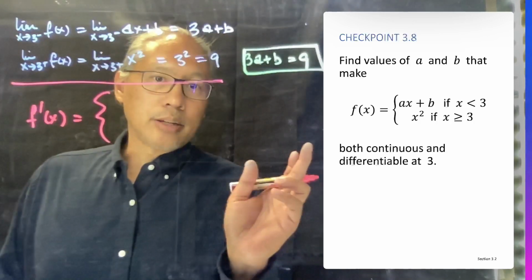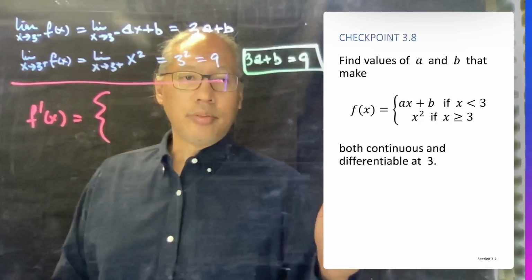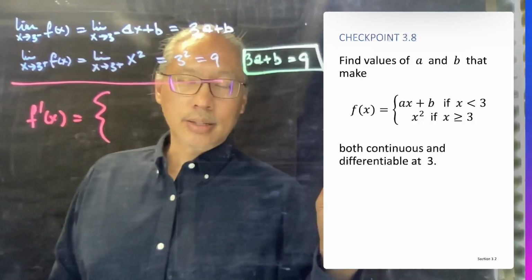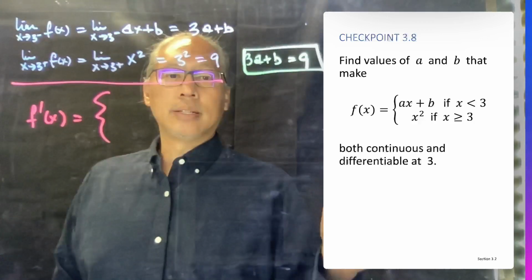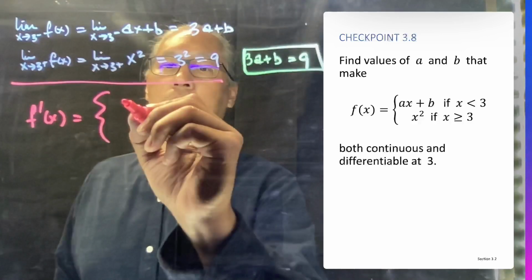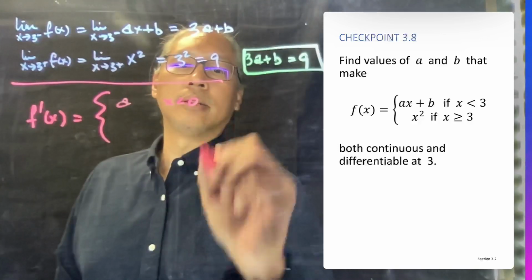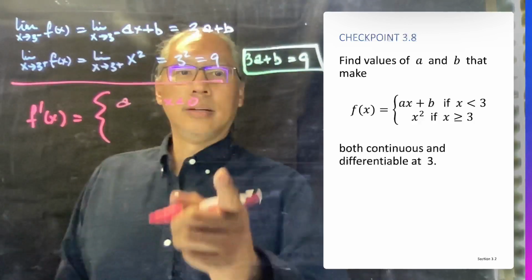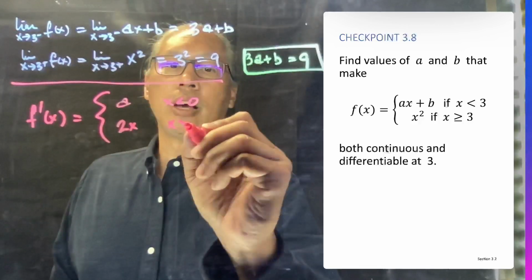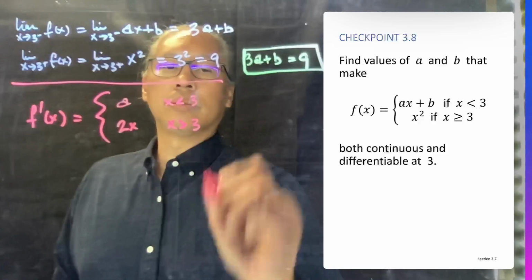The derivative of ax plus b: b is a constant, so the derivative of that is going to be 0. The derivative of ax is just going to be a times the derivative of x, and the derivative of x is 1. It's like dropping the power 1, x to the 0 power, which is equal to 1. So it's just going to be a times 1. So this is going to be a as long as x is less than 3. And the derivative of x squared is 2x, and this is going to happen as long as x is greater than 3.